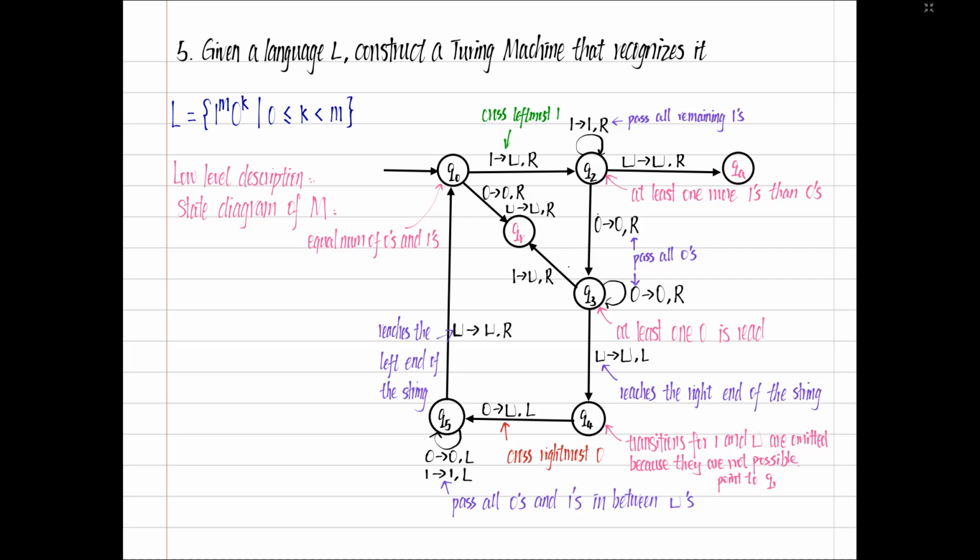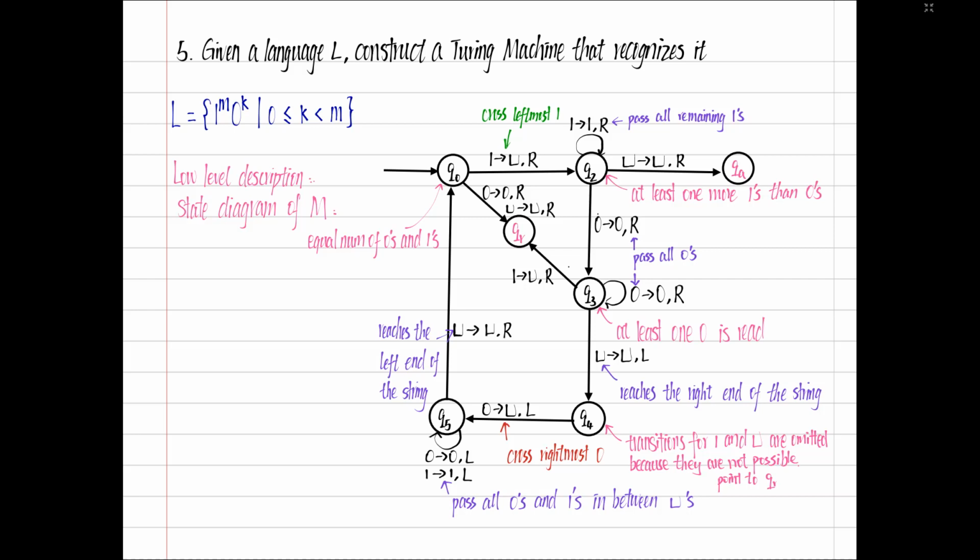And it doesn't matter which direction the head moves. What matters is the machine goes to state QR to reject the string. If the head is now on a 1, then it moves to state Q2 and replaces the 1 with a blank symbol. After that, the head moves to the right, trying to match a 0 at the right end.